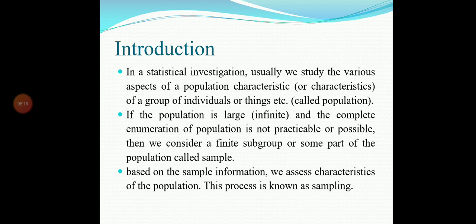Now you see what is the need of considering the sample. If the population is large and the complete enumeration of the population is not practicable or not possible, then we consider a finite subgroup or some part of the population, and that is called a sample.